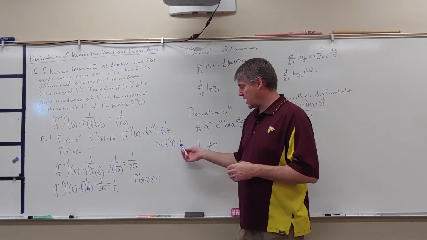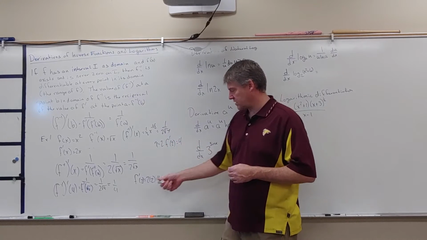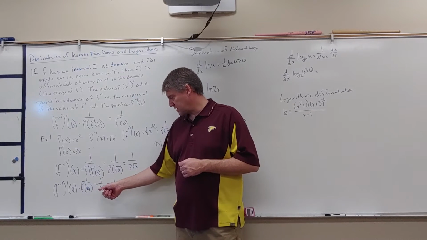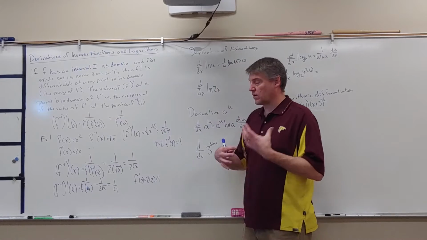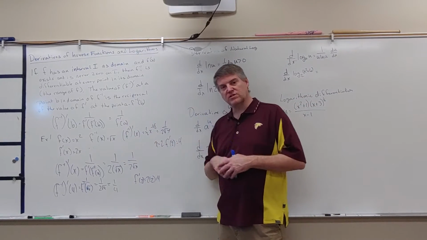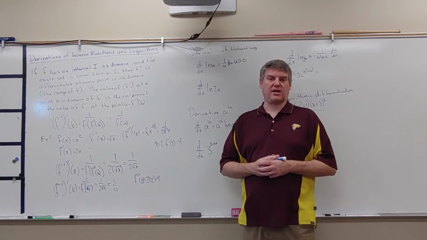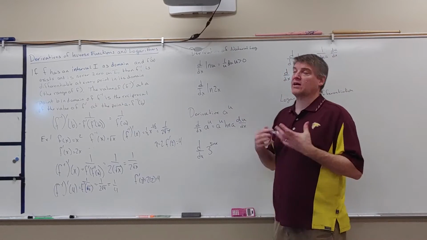So when I'm looking at this, if I looked at this prime here, I could just find the inverse. I'm going to go 1 over 2 times the square root of 4, which gives me 1 over 4, which is 1/4, okay? So if this inverse is really hard to find the derivative of, we can use this formula, okay?